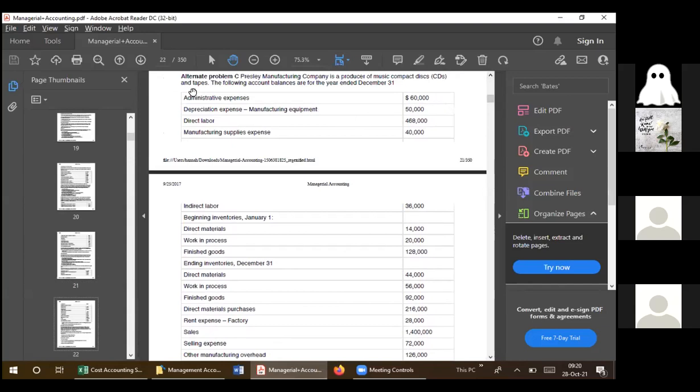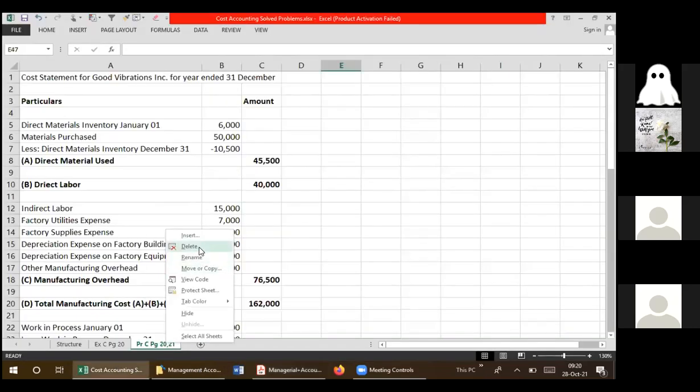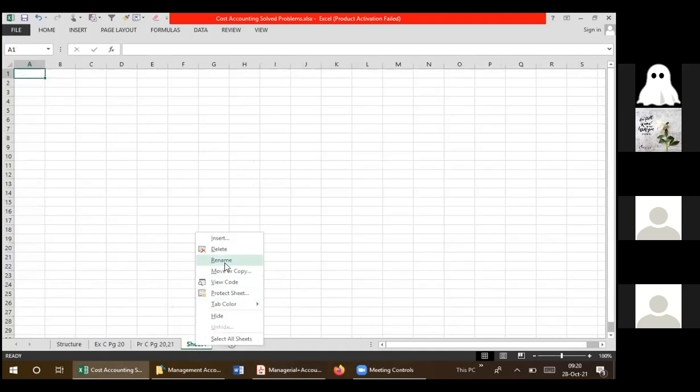Alternate problem C on page 21 and 22. Problem C, page 21, 22.